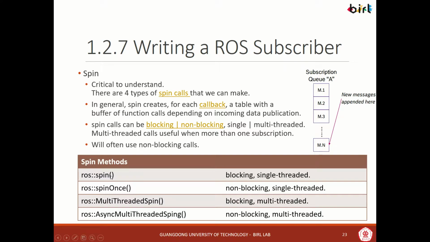We have ros spin, spin once, multi-threaded spin, and asynchronous multi-threaded spin. Sorry, no G here. Spin by itself is blocking, single-threaded. Spin once, non-blocking, single-threaded. And as you might just guess, multi-threaded spin is blocking multi-threaded, and asynchronous multi-threaded spin is non-blocking multi-threaded.